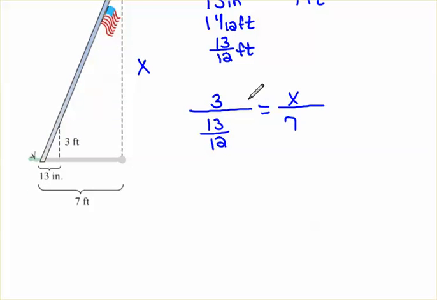So now if I were to cross multiply, I would have 3 times 7 is 21 equals 13/12 times x, would be 13/12 x.